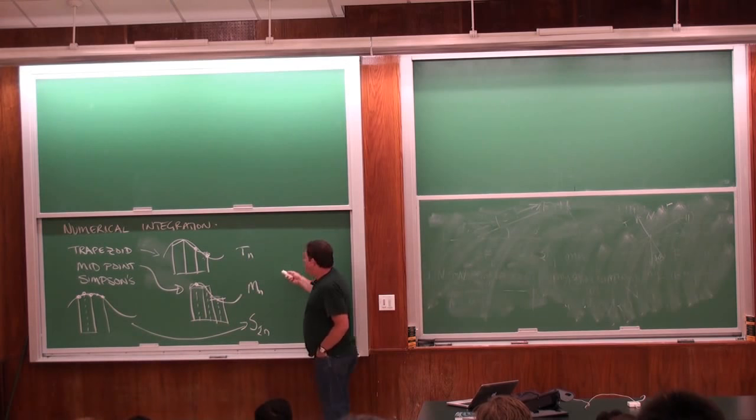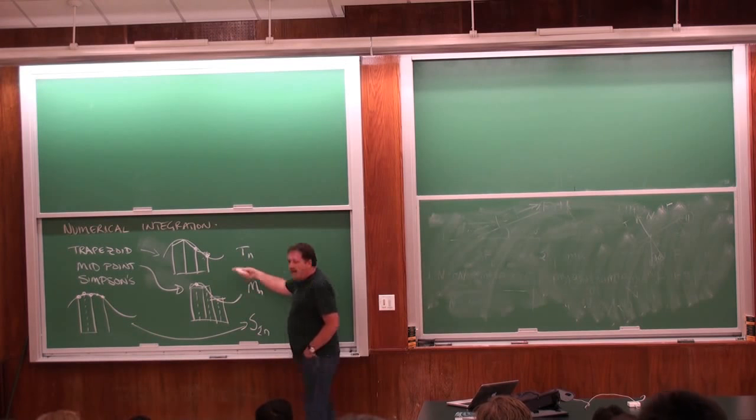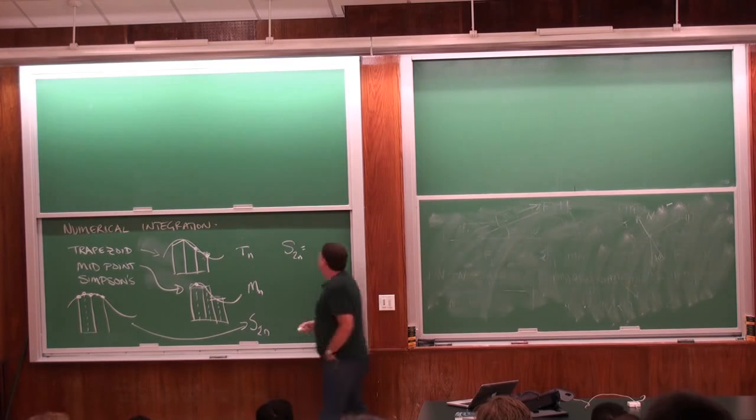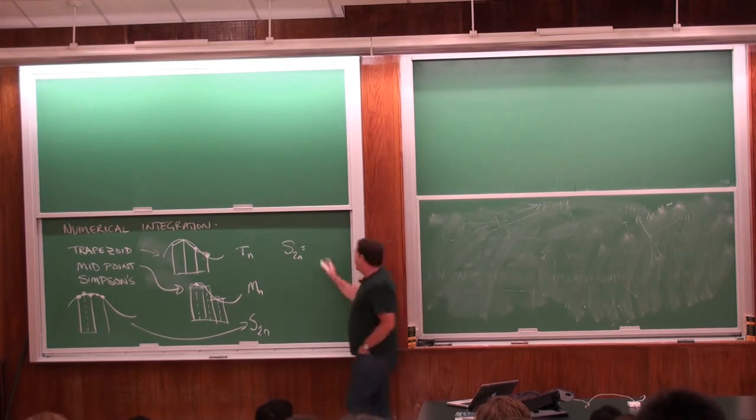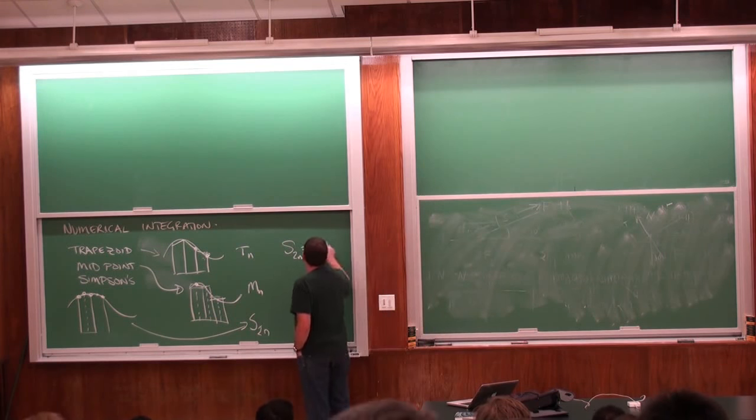Then, in fact, Simpson's rule, if you just look at the formulas, which I didn't say last time, is just 1/3 of the trapezoid plus 2/3 of the midpoint.